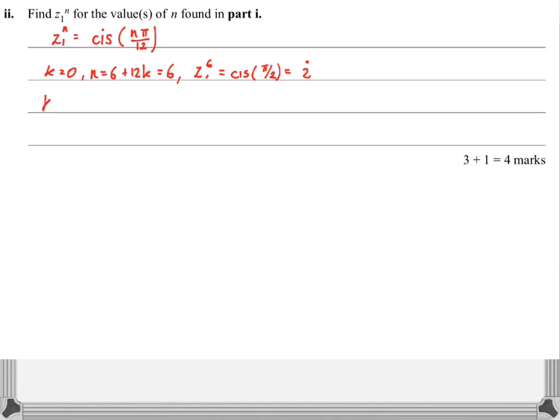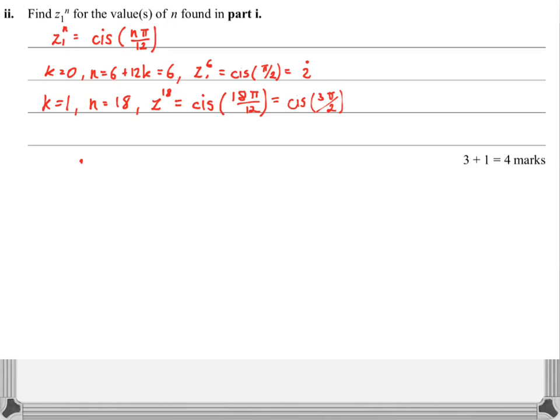Then we've got to do that for another k value. k is equal to 1. We substitute that for n, and we get n equals 18. So we're working out z1 to the power of 18, and cis of 18 pi on 12. That fraction simplifies down to cis of 3 pi on 2.